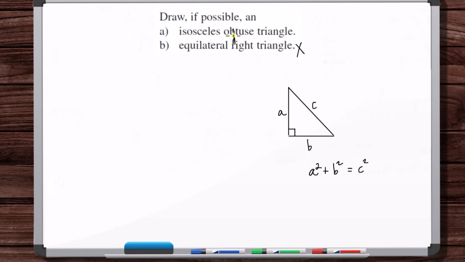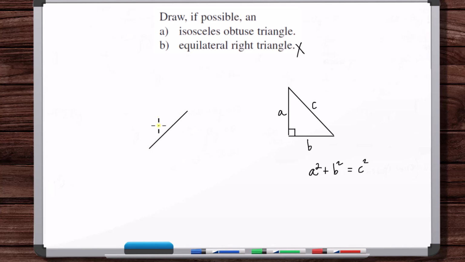These two are talking about the angle relationships in the triangles. These two are talking about the side length relationships. So isosceles means there's two equal side lengths. Okay, and I think that would be okay, because you could do an obtuse triangle with two equal sides.